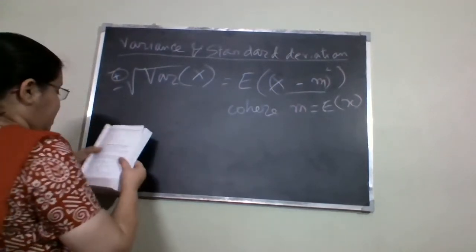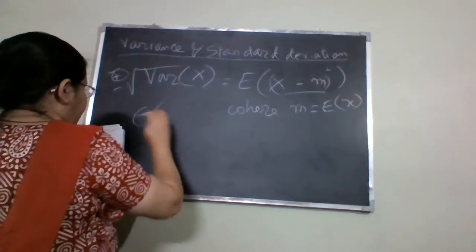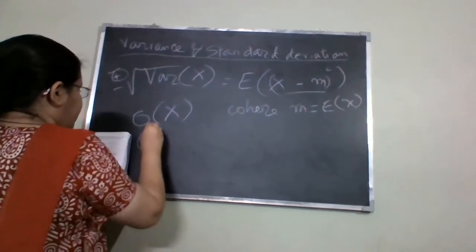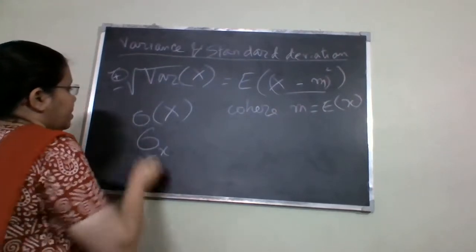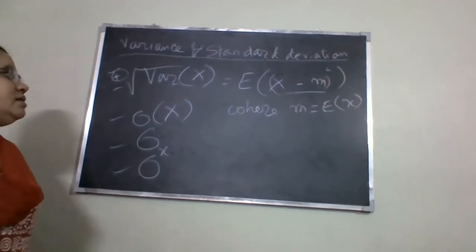You shall be using these terms in pattern recognition also. Sigma X, or sigma suffix X, or simply sigma. These are the three notations you can use for standard deviation.